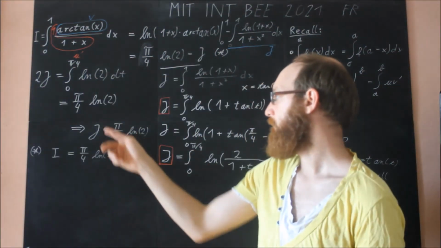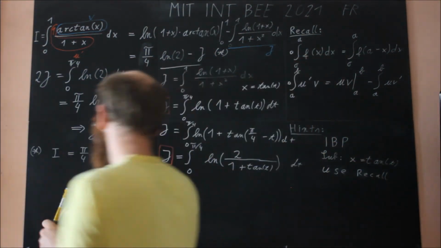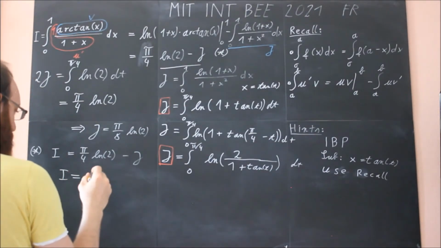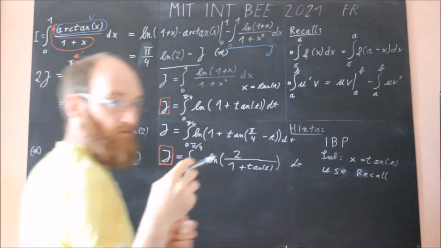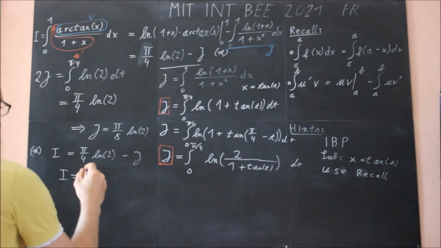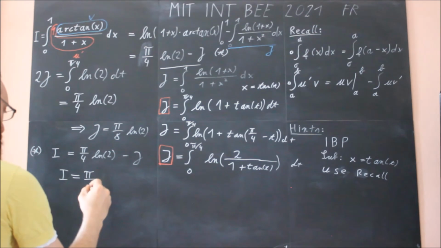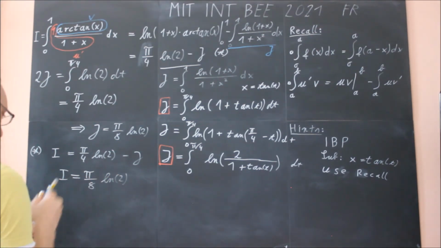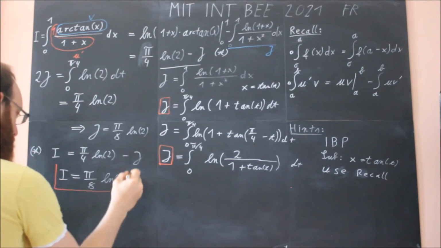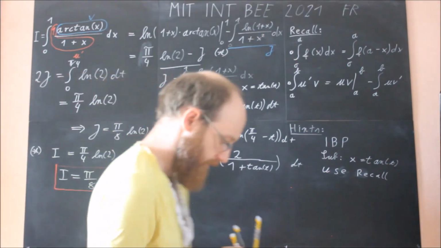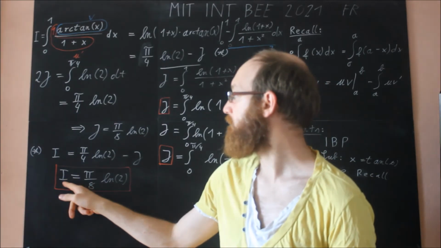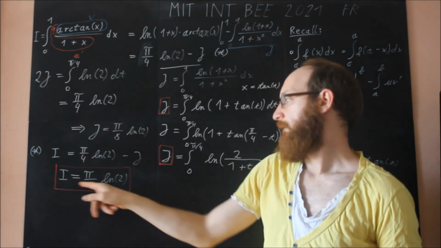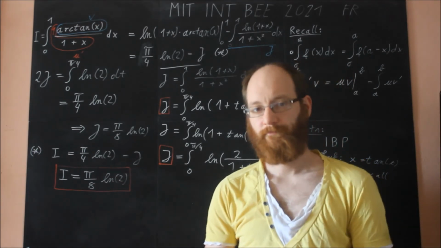And now if you subtract these two values, we see that our final integral, so pi over 4 minus pi over 8 is pi over 8. Pi over 8 ln 2, and this is our final result. So the extreme left hand side was exactly our integral, and now we are done.